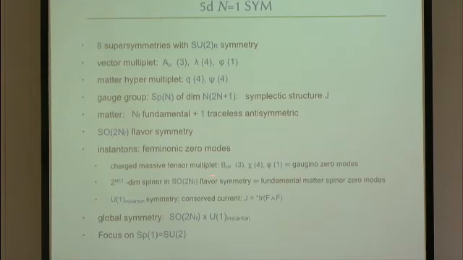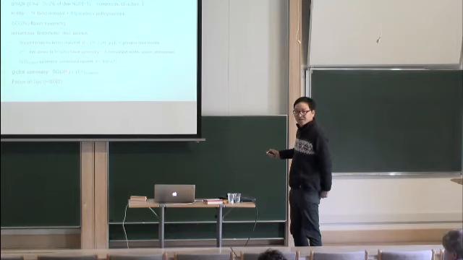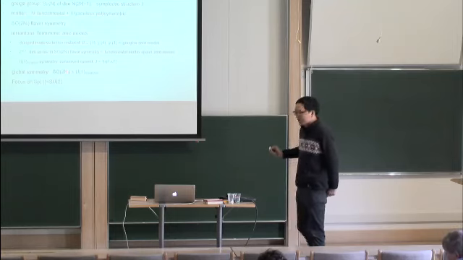And the instanton U(1) conserved current is given simply as the dual of this topological current. So we have this 5D Yang-Mills theory with a vector multiplet and hypermultiplets in the SO(2N_F) vector representation, and then we have instantons. So the global symmetry is SO(2N_F) cross U(1), and our gauge group is SU(2) or Sp(1).